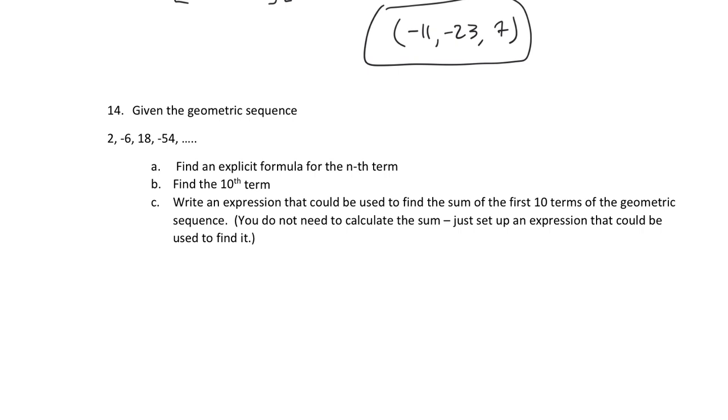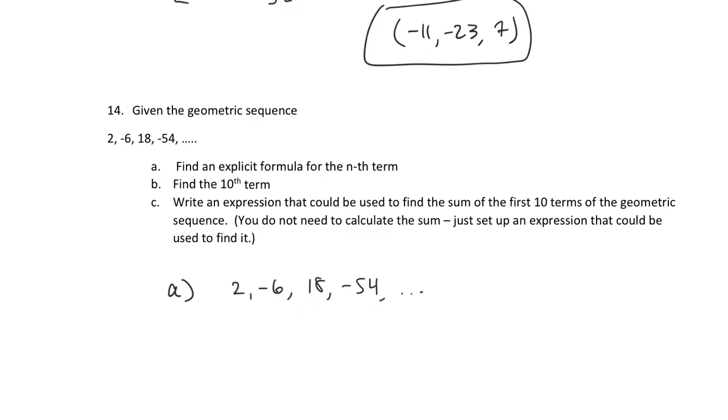Okay, for number 14, part A, we have a sequence, and they want the nth term, so the explicit formula for the nth term. So it really matters if this is geometric or arithmetic. For 2, negative 6, 18, negative 54, it looks like it's multiplied by negative 3.